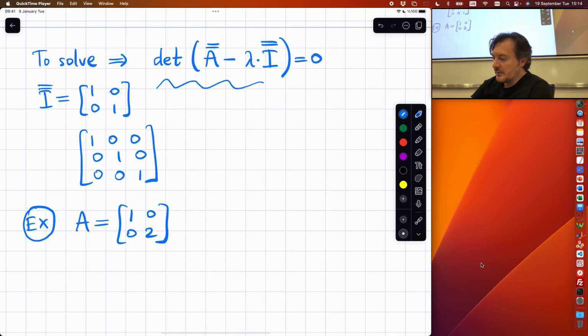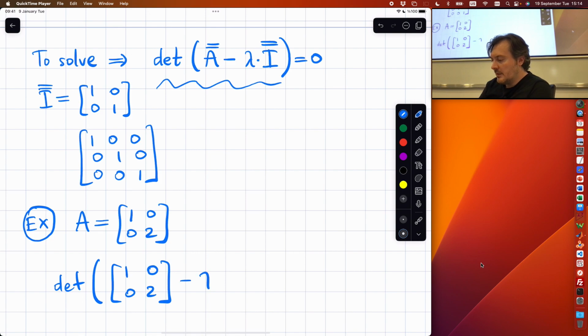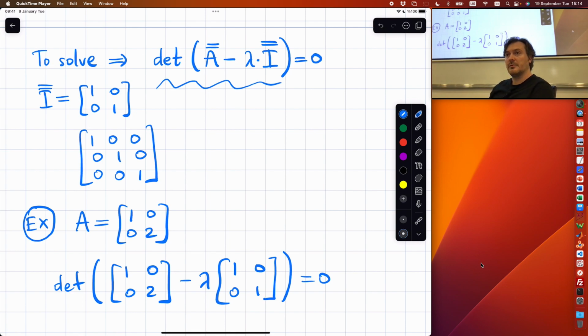So, I'm going to do this, determinant of A, which is 1, 0, 0, 2, minus lambda times identity is equal to 0. That's what I'm going to solve. Okay?